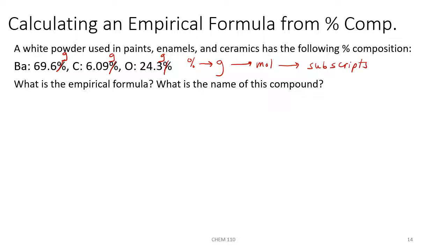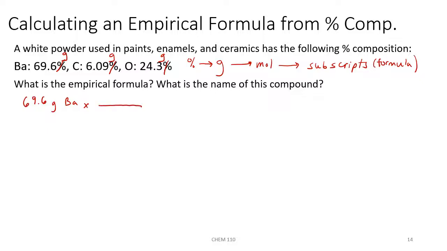If we can determine the subscripts, then we can figure out what the formula is, which is our goal. We're trying to figure out an empirical formula. So individually, let's take all of our masses, so 69.6 grams of barium, and convert them into moles.